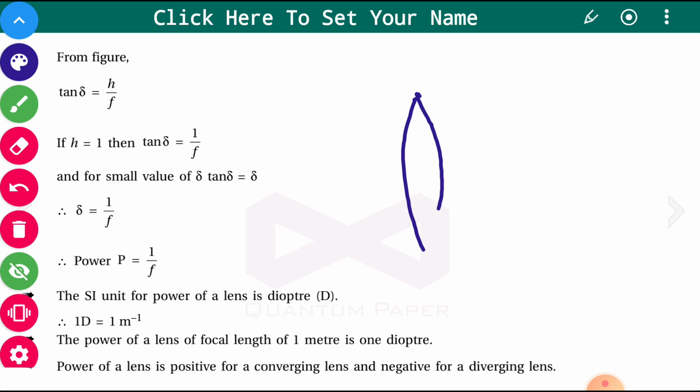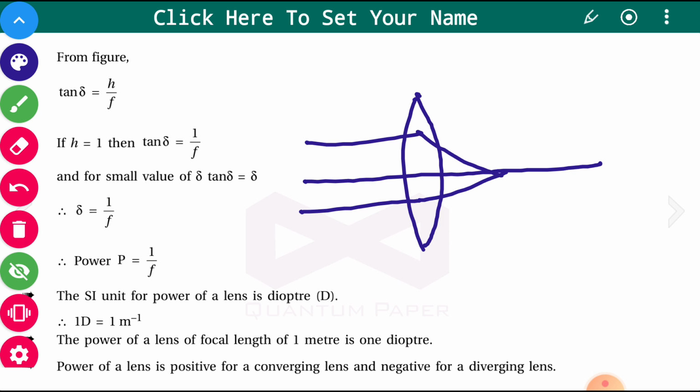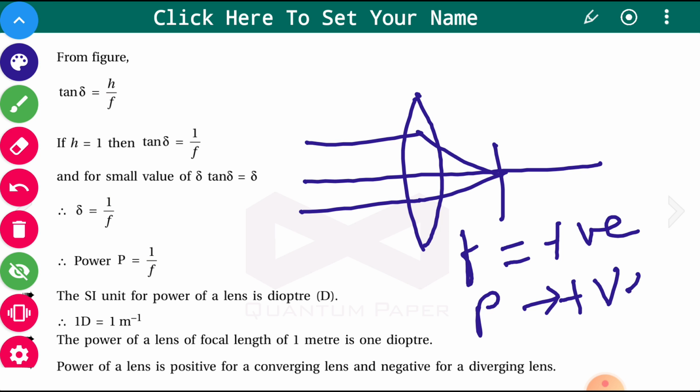So power of a lens for a converging lens will be positive, because the focal length of a convex lens is positive. Power of a lens is negative for a diverging lens, that is nothing but the concave lens.